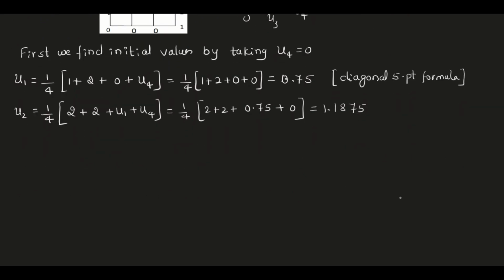Now u4, u3. So what happens for u3? When you use the 5-point formula for u3, you get u1 and u4. You can take the diagonal values too, it doesn't matter, because you are already getting u2 there. I prefer the 5-point formula. So it is 0, u1 plus u4 plus 0. So it is 1 by 4. u1 is 0.75, u4 is 1.1875.